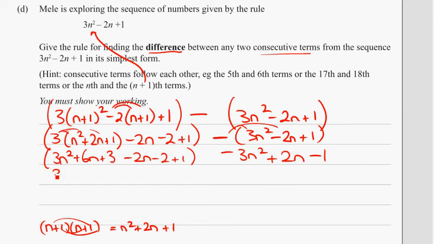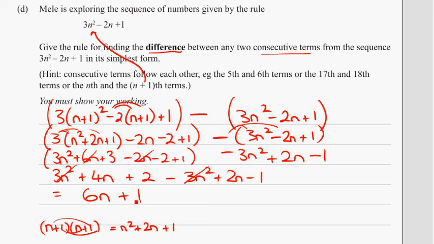Right, so let's have a look in here. 3n squared, now I've got 6n minus 2n. 3 take away 2 is 1, 1 plus 1 is 2. So simplifying that, 3n squared minus 3n squared, that will disappear. 4n plus 2n is 6n. 2 take away 1 is 1, 6n plus 1.